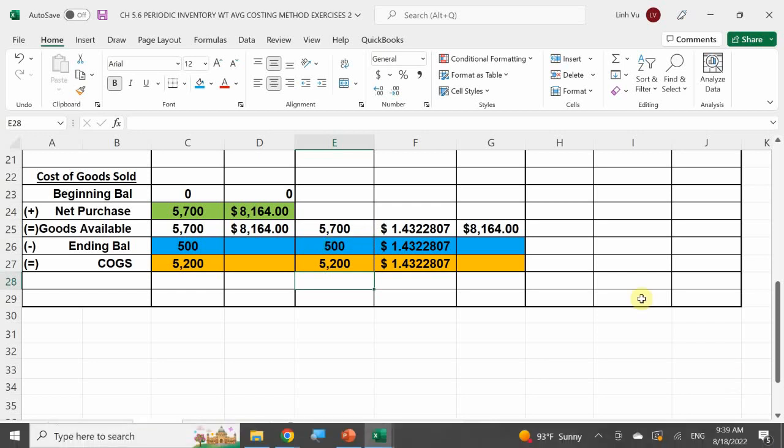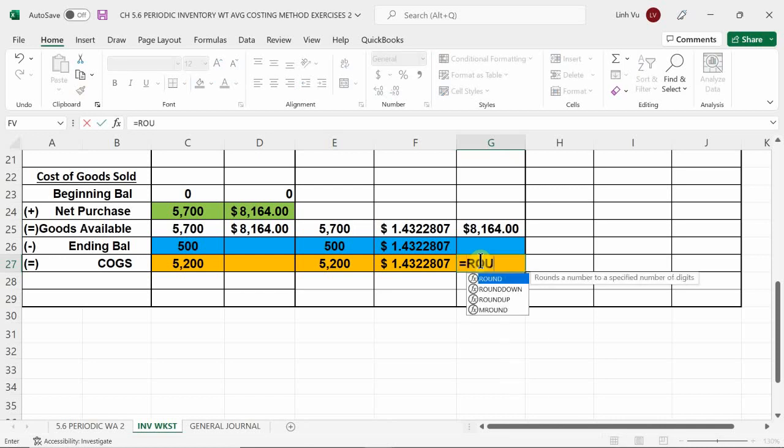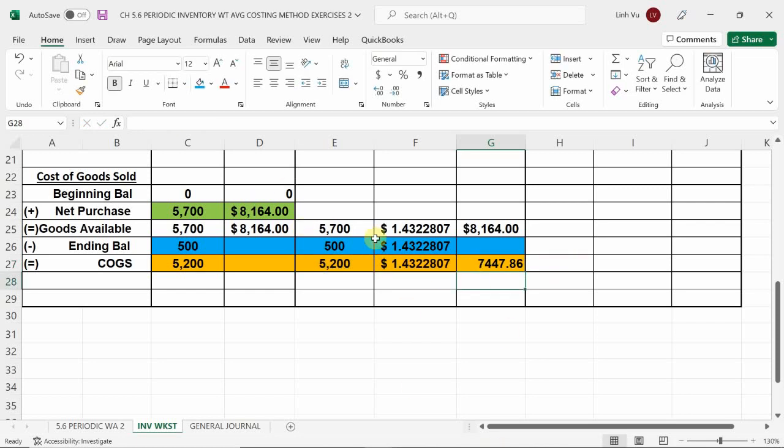So in this case, the round formula is I want to know what 5,200 times 1.43228, comma, to end your argument, and I want it to be 2 decimal places. So therefore, I should get $7,447.86.